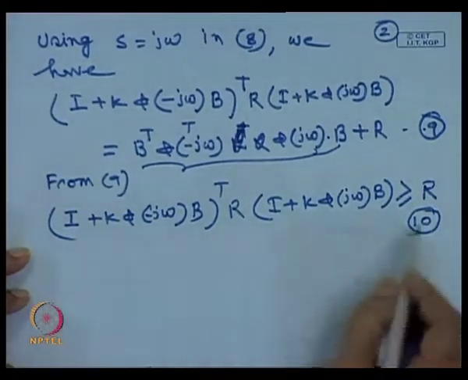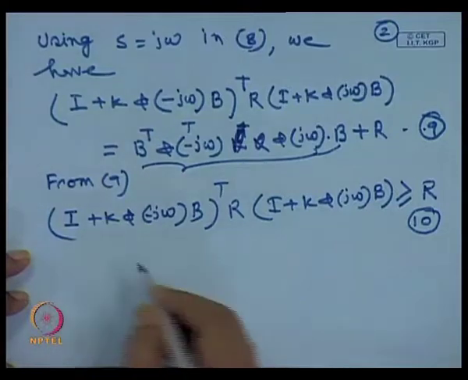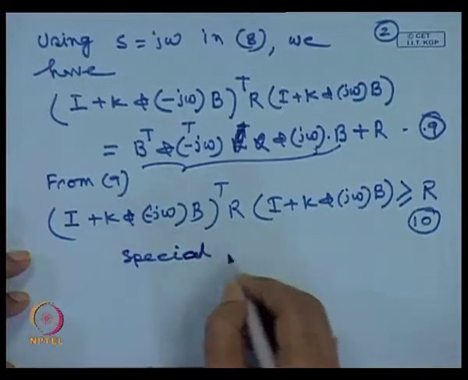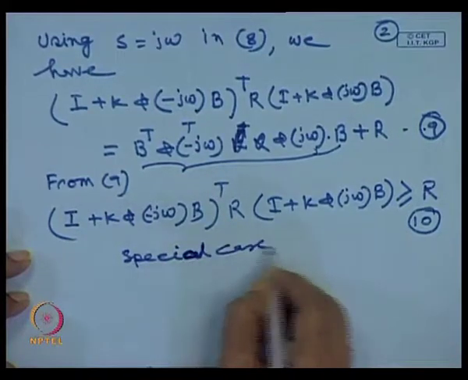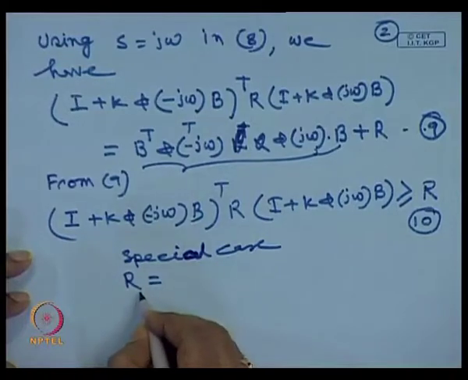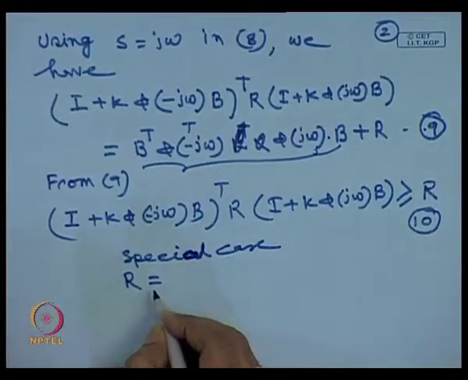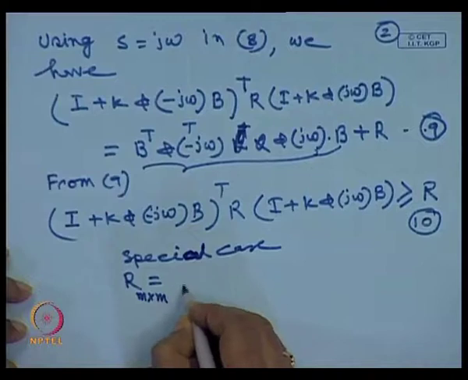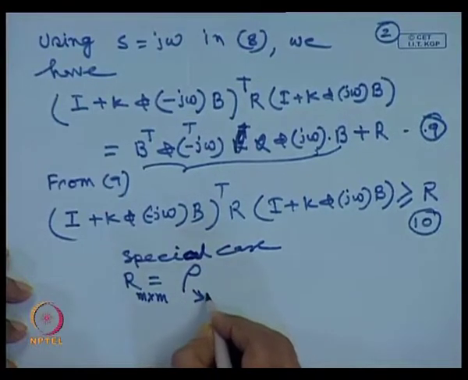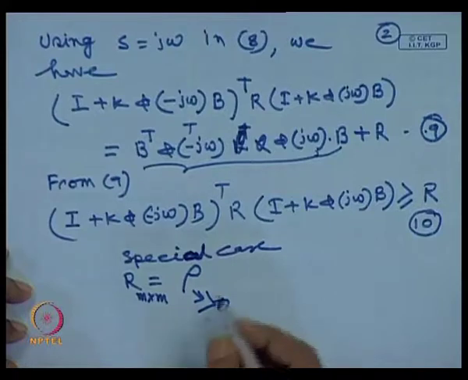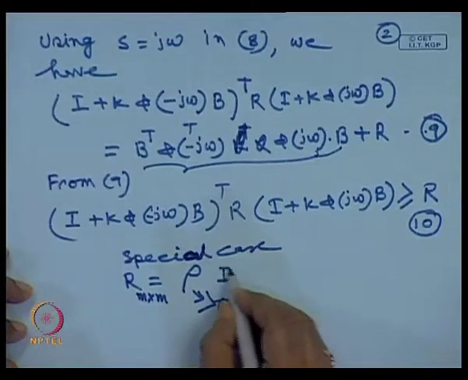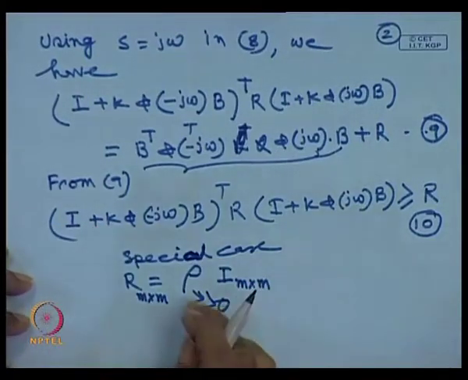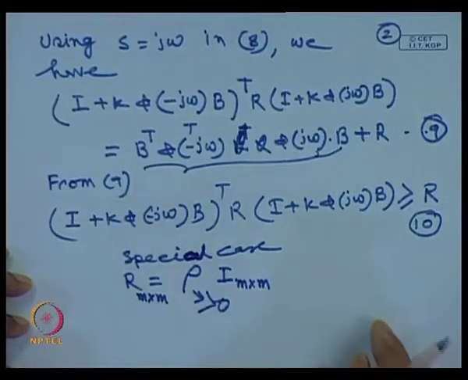Now consider a special case. We consider R, the weightage on the input vector, with dimension m cross m, equal to rho times the identity matrix of dimension m, where rho is any positive number. So, we have considered R as a diagonal matrix where each diagonal element is rho, which is greater than 0.